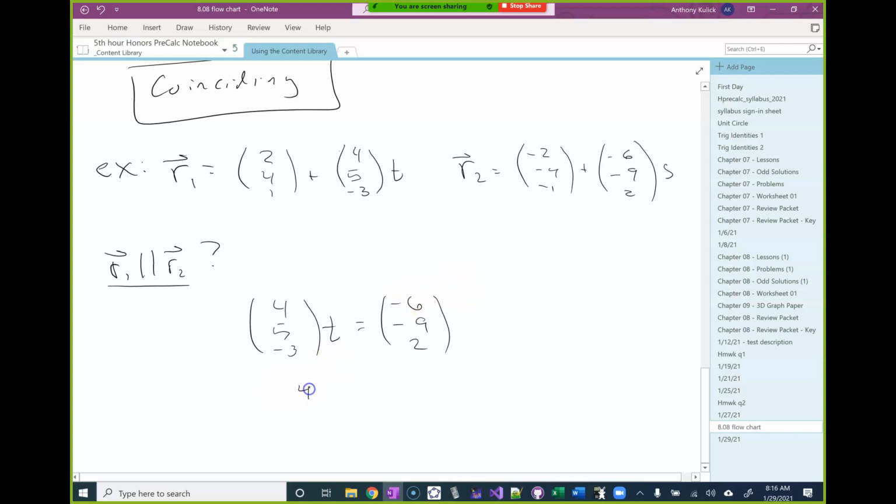I can see 4t equals negative 6 should be t equals negative 3/2. 5t equal to negative 9 should give me t equals negative 9/5. Since those two are not equal, I know that they are not parallel.